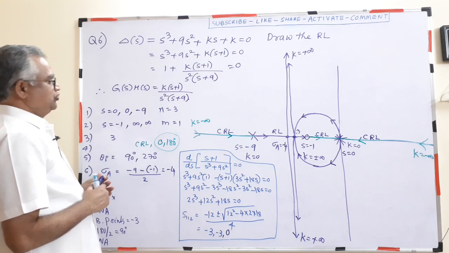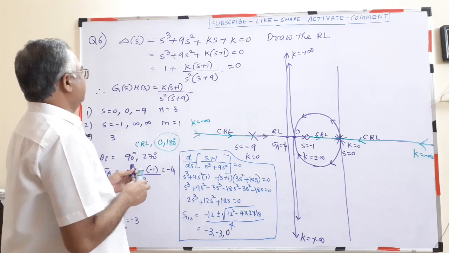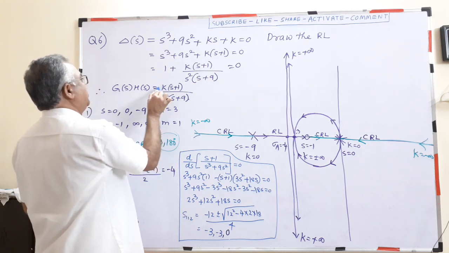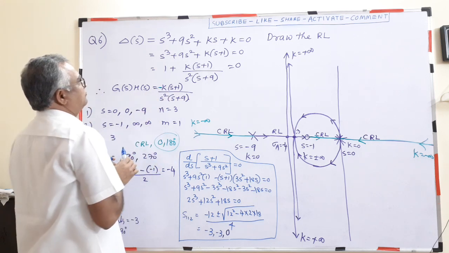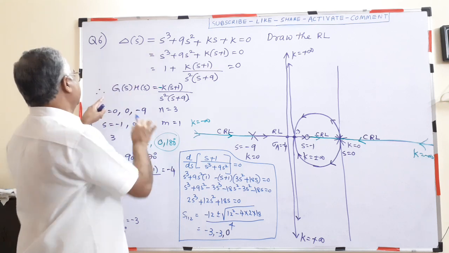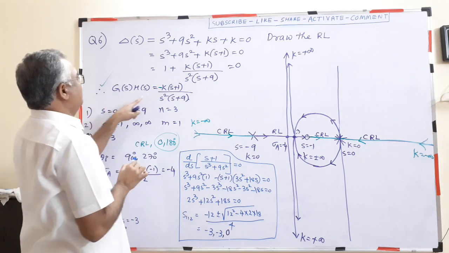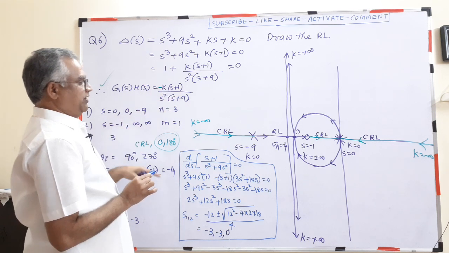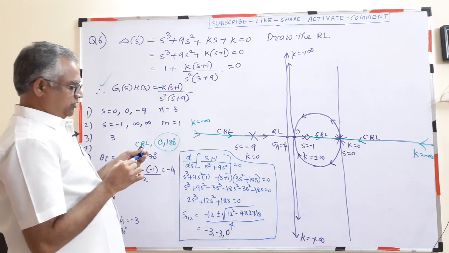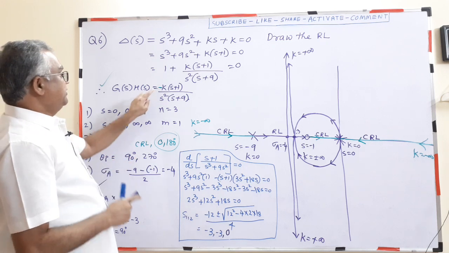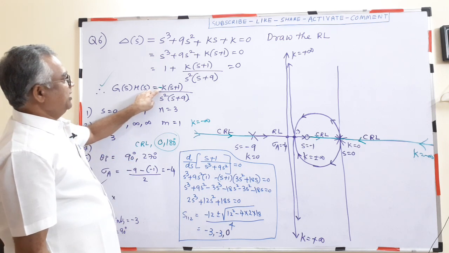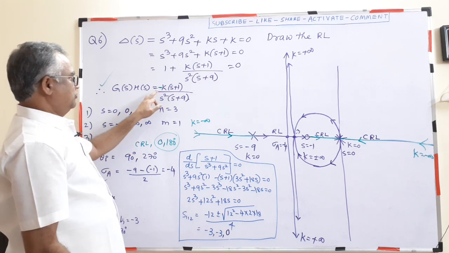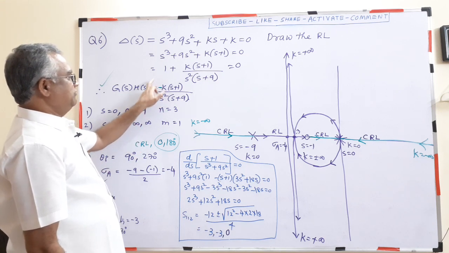Sometimes in the exam, instead of plus k, they give minus k. In general, if the problem is minus k into s plus 1 by so and so, draw the root locus. Here minus is there. What is the uniqueness of this minus? If k is positive, it will take negative.